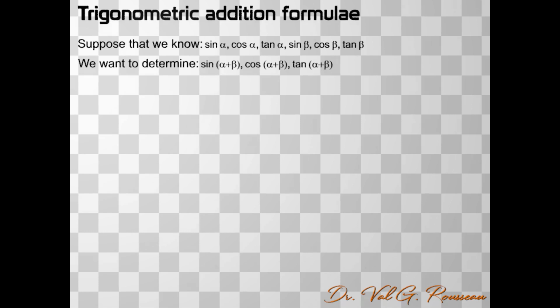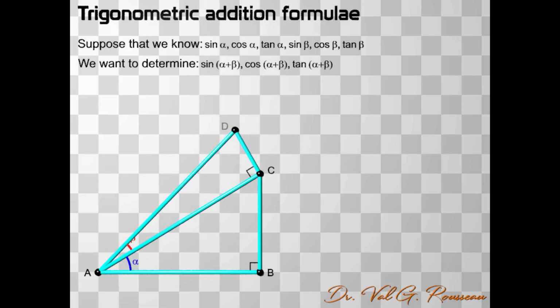Since we know the functions for alpha, it is a good idea to draw a right triangle that has an angle alpha. And since we know these functions for beta, it is also a good idea to draw a right triangle that has an angle beta. But we want to add the angles, so the second triangle should be adjacent to the first one for us to be able to see the sum of the two angles.